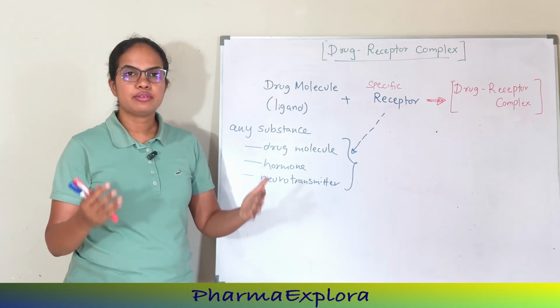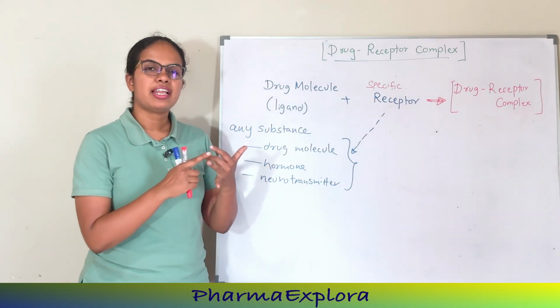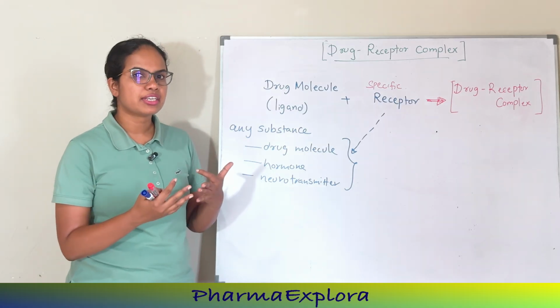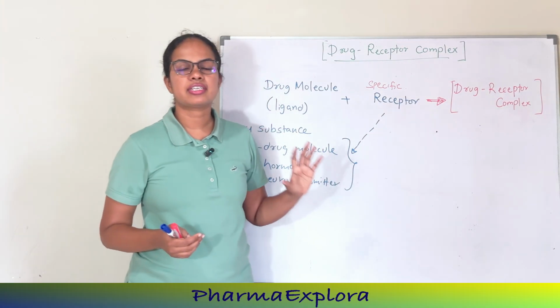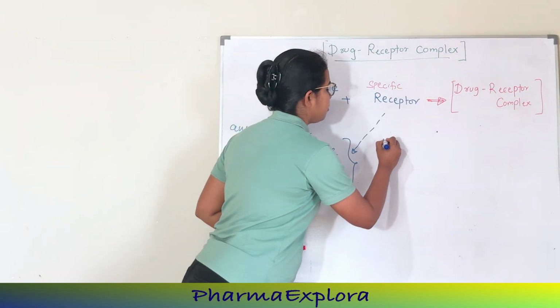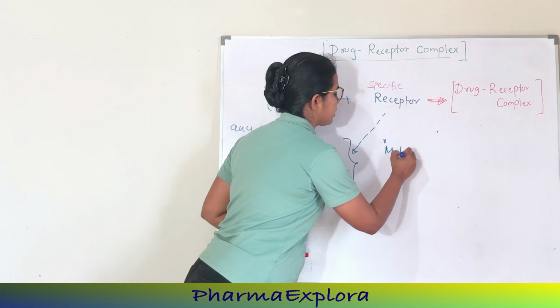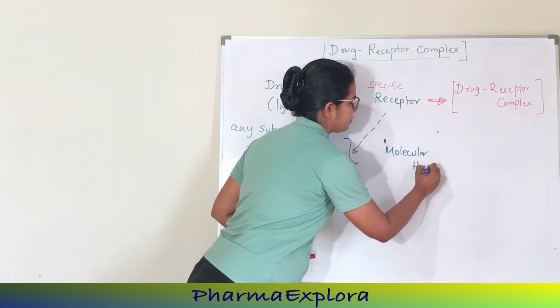So in a good handshake, recognition, attraction, and communication happen. The same is true for the formation of the drug receptor complex, so we also define it as the molecular handshake.